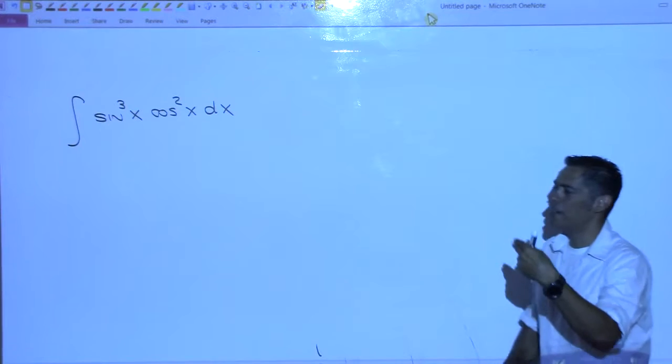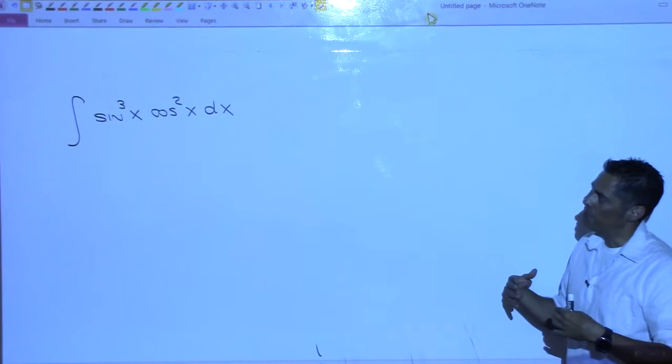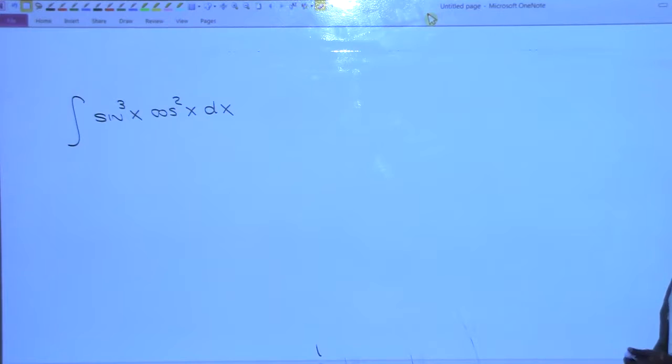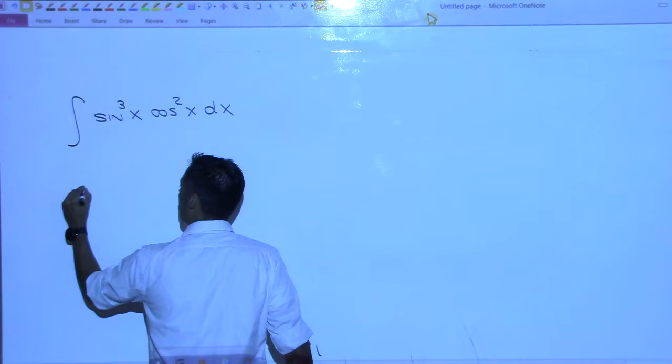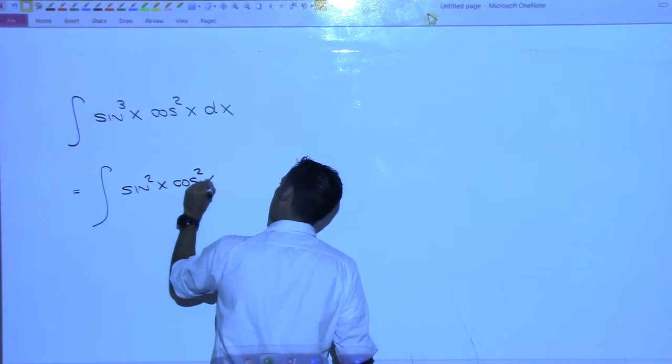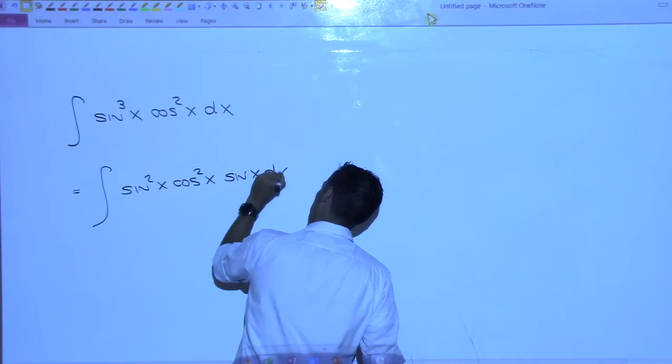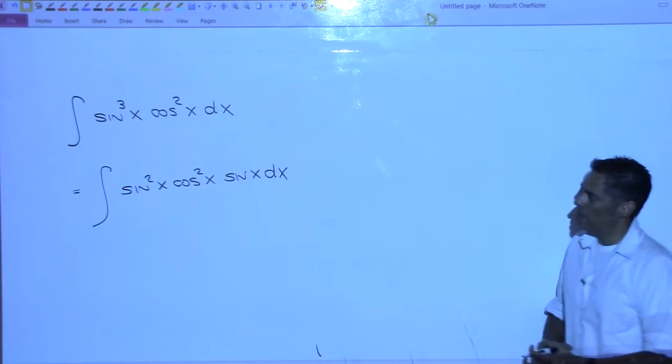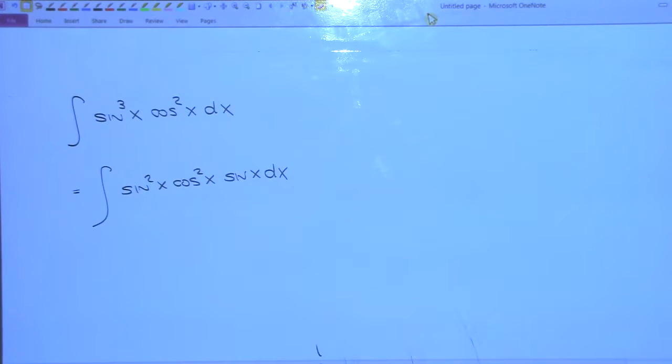But let's start with the idea of substitution. Is there something you could peel off? A sine? Okay, so let's see. If I peel a sine off, I'm left with sine squared x, cosine squared x, sine x dx. So Tatum, I'm guessing that sine x dx is the derivative, right? That means you need your u to be a cosine.